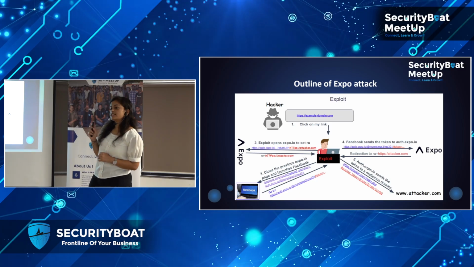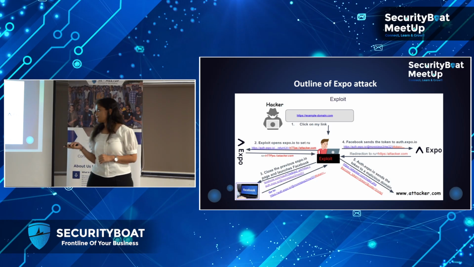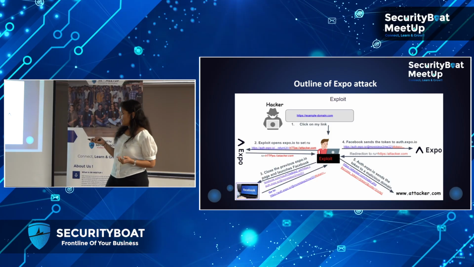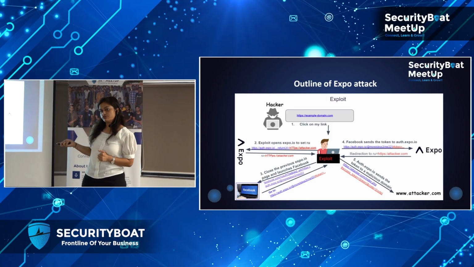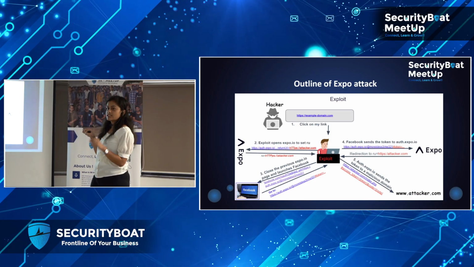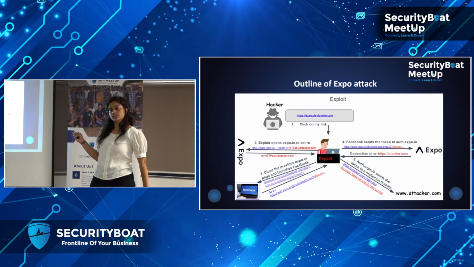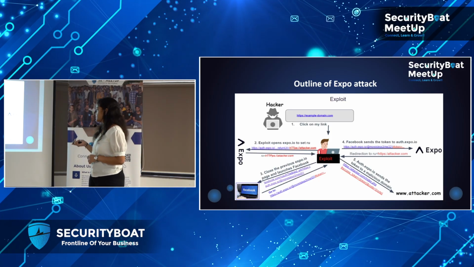Then the return URL is set to the attacker's website. Then it goes to Facebook, asking for a token. Facebook redirects to the redirect path with the token, and the attacker can use this token to get access.